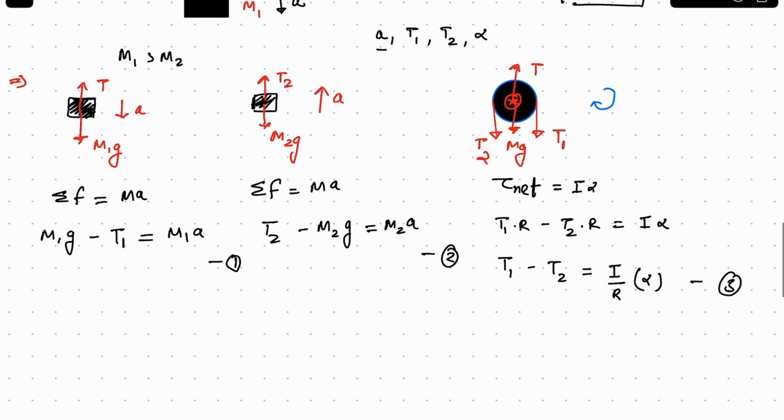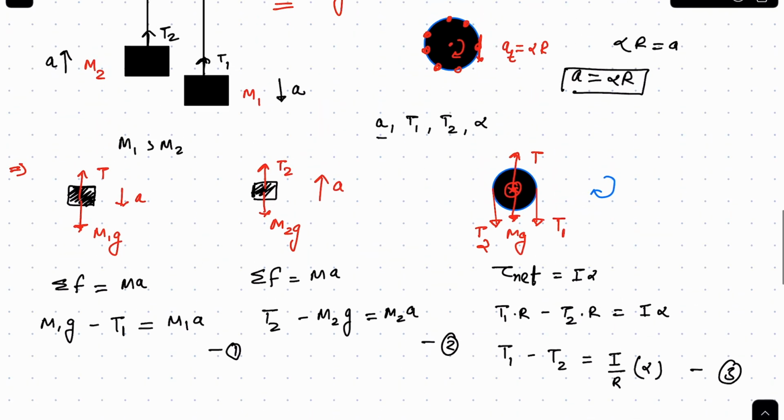One more equation I need, and right here we have derived this one equation. This is our constraint relation, A equals alpha R, or you can say the pure rolling concept, or just the kinematics.